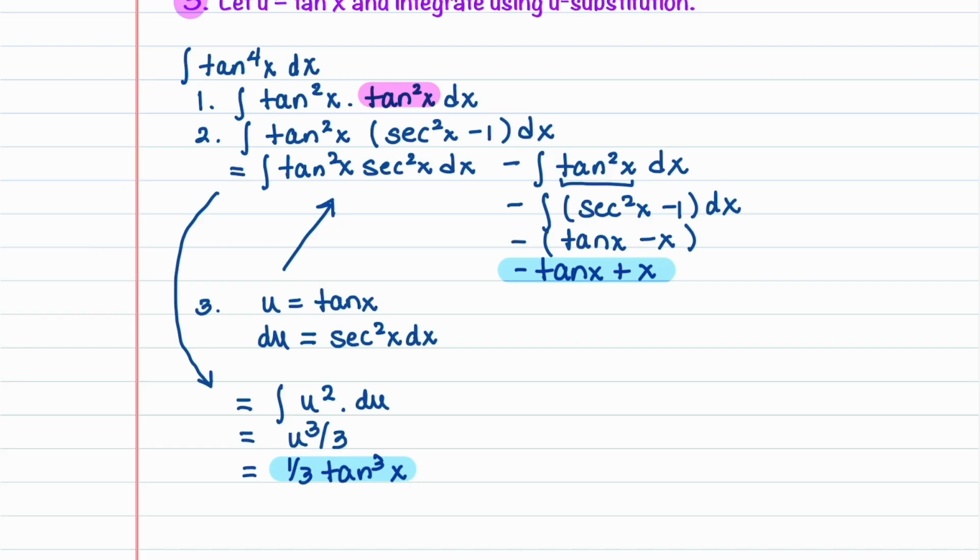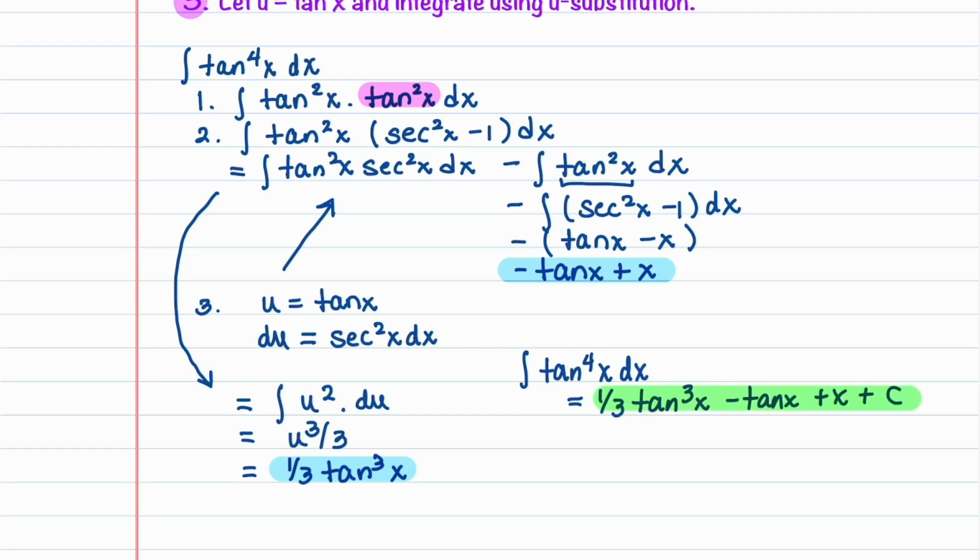Now all we have to do is combine these two answers. So we have the integral tangent to the 4th x dx is equal to 1/3 tangent cubed x minus tangent x plus x, and then we add on our arbitrary constant c. And there's our answer.